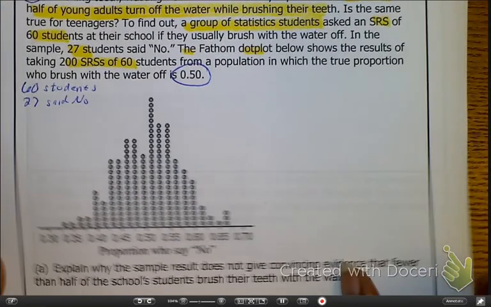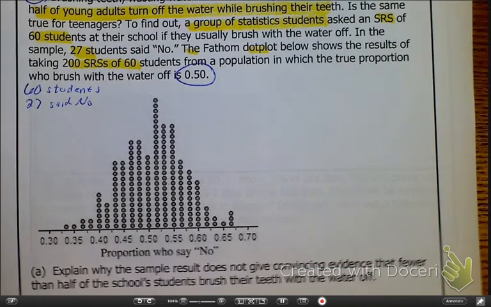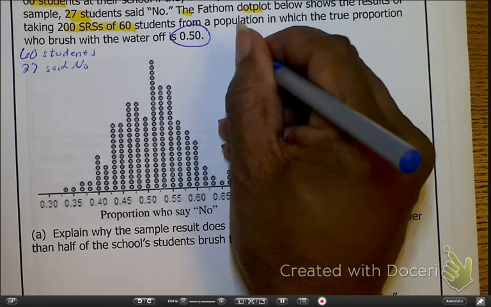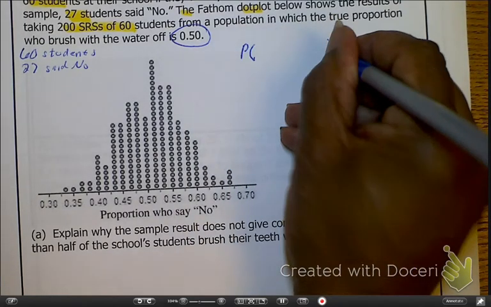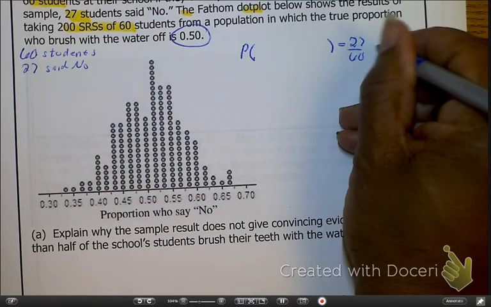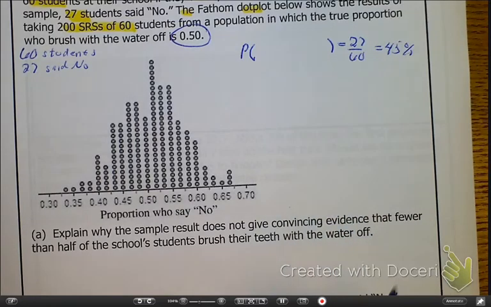Okay, now, we want to explain why these results do not give convincing evidence. First of all, let's state the obvious. The probability of saying no is 27 over 60, which is 45%.